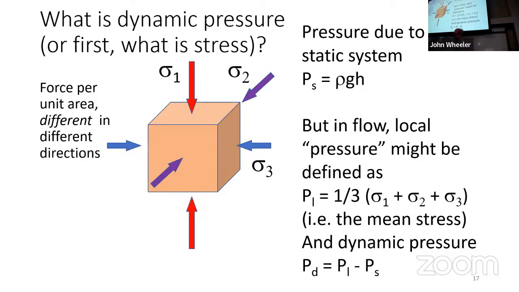And you don't have to look very far around you to see systems under stress. A system not under stress is the air. We are under 1 atmosphere. Sorry, people on Zoom, I'm just gesticulating with my fingers here. You'll have to imagine me pointing in different directions and the force per unit area is the same.